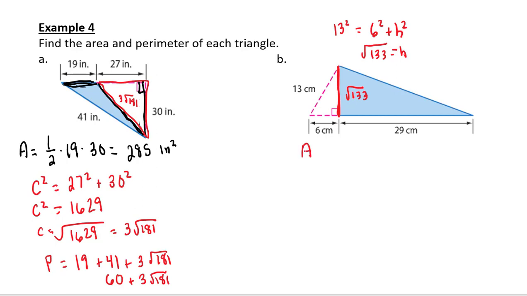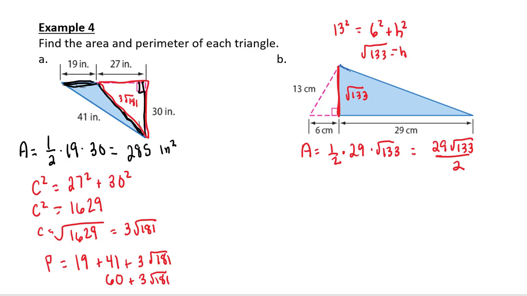So my area is 1/2 of 29 times root 133. And we want the most exact answer, so we're going to leave it as 29 root 133 over 2. And that's okay that that's not the, quote, prettiest of numbers, because the world isn't perfect, okay? Sometimes we're not going to have integers as our answers.